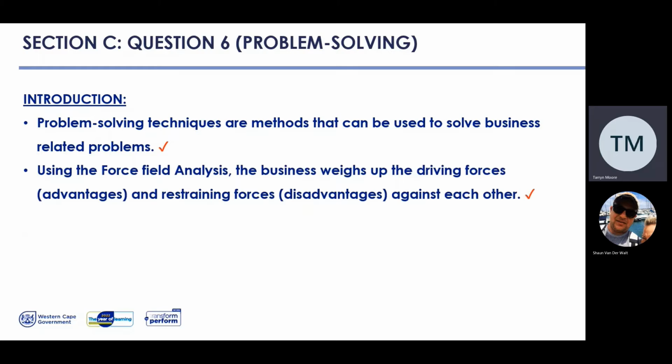Second one, using the force field analysis, the business weighs up the driving forces, advantages, and the restraining forces, disadvantages, against each other. Again, your introduction, 2 sentences that are full sentences that link to the topic of problem solving. And it's 1 tick for each introduction.